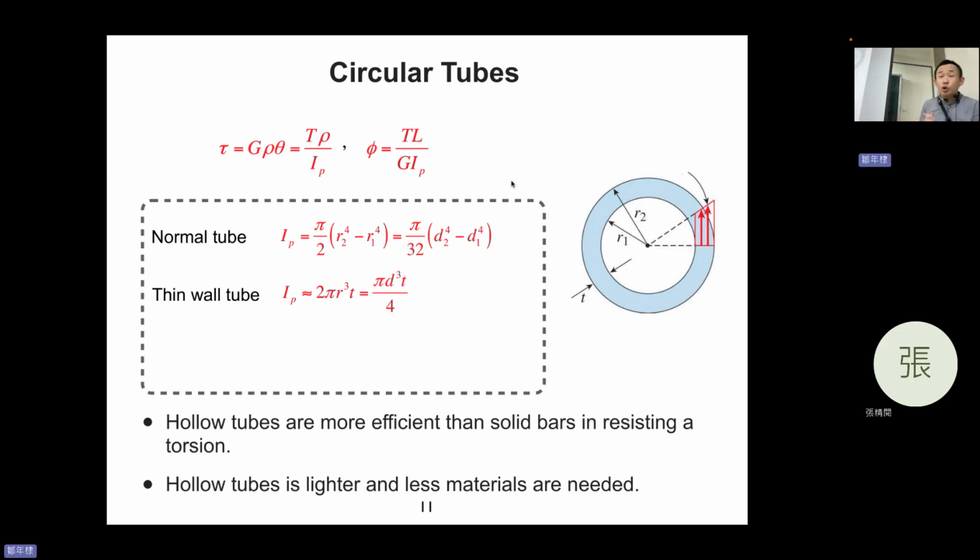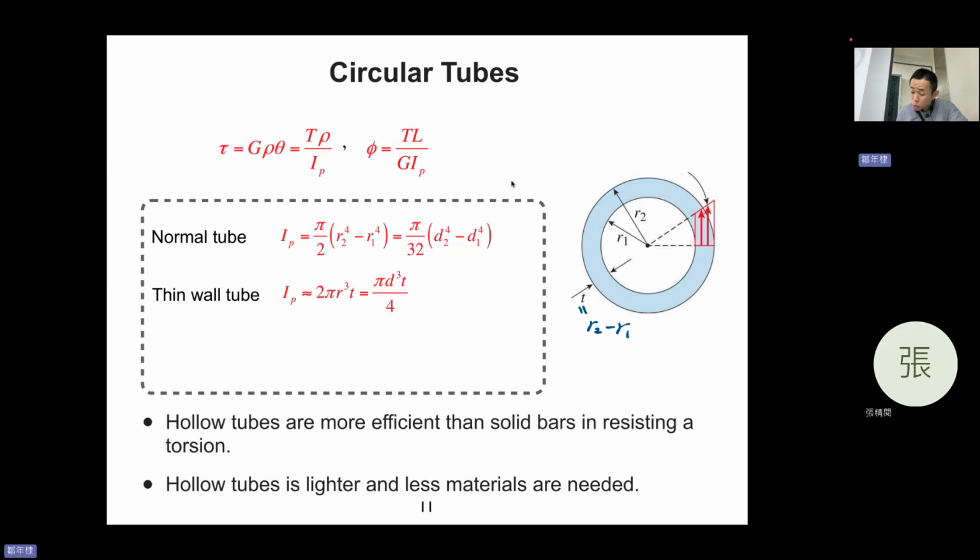Okay, circular tube. This is the formula we just introduced, right? Tau equals T rho divided by Ip, phi equals TL over G Ip. So a normal tube looks like this, and your t is actually the thickness of the wall, so it should be R2 minus R1.